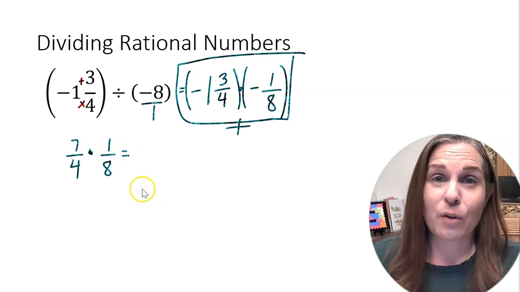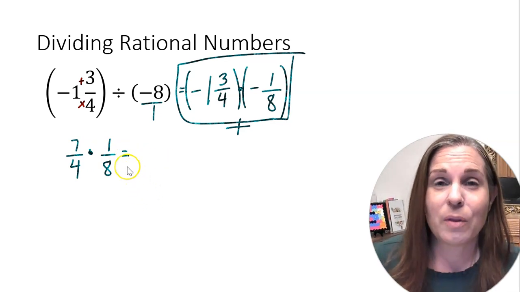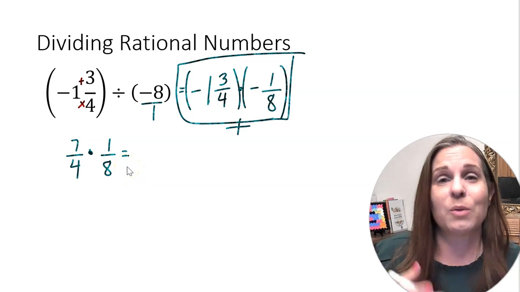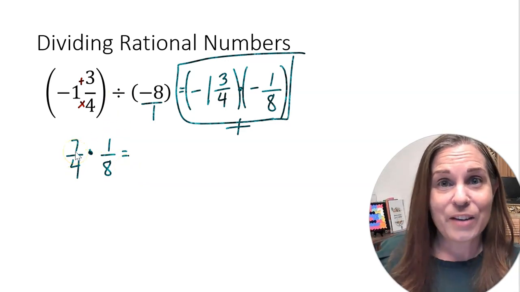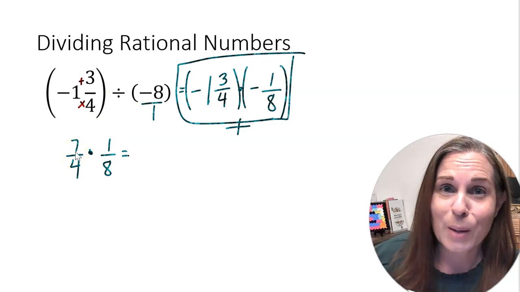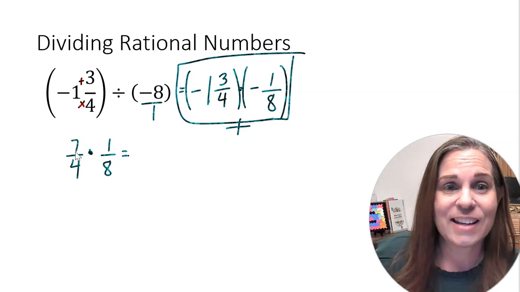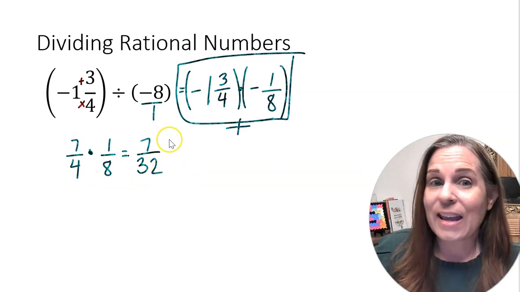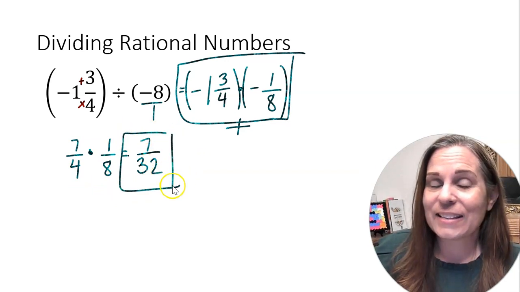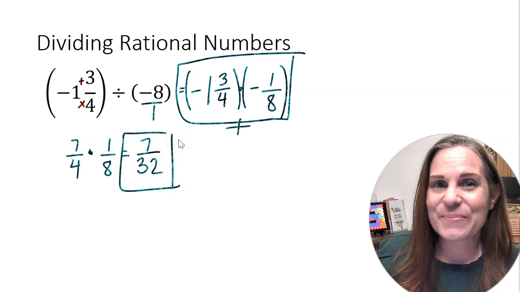Again, I'm leaving off the negatives because I already know that a negative times a negative equals a positive. All right, so multiplying fractions, that's the one fraction operation that's easy peasy. So 7 times 1 is 7, and 4 times 8 is 32. And that would be it. That would be my answer.